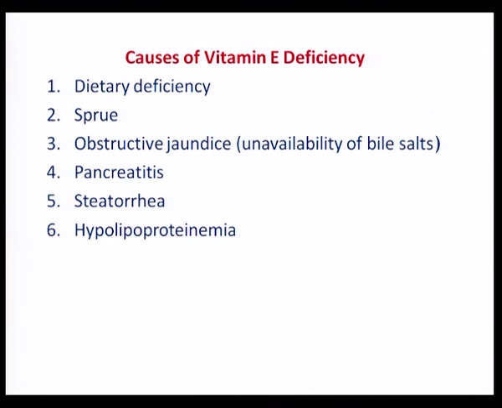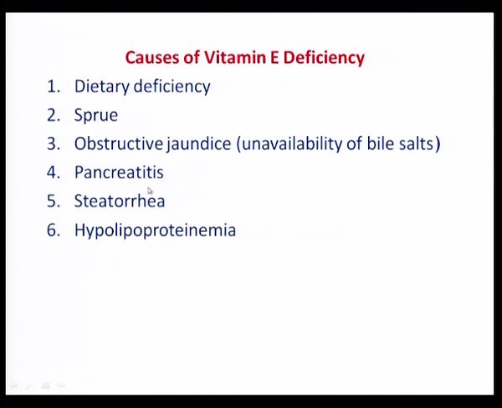Now, could there be a reason for prolonged vitamin E deficiency? Yes, it's possible. Here we have the reasons: dietary deficiency, sprue, and obstructive jaundice, because bile secretion, which is so essential in absorption of vitamin E, is not available.